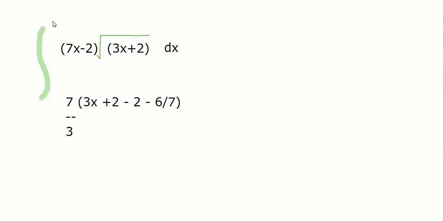So if I want to write the integration, first I'll take 7 by 3 out. Right, Usha? Yes. What is left inside? 3x plus 2 into root of 3x plus 2. So this is 3x plus 2 to the power 3 by 2. Very good. This was power 1, this is power half, so it becomes power 3 by 2.